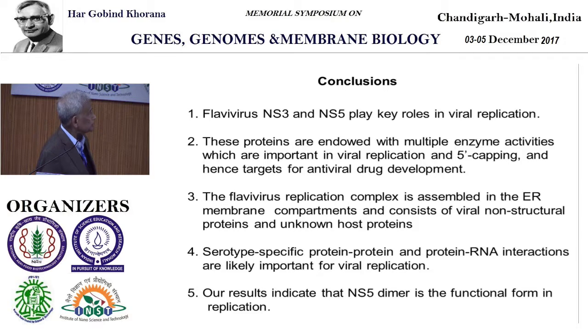The serotype-specific protein-protein and protein-RNA interactions are likely important for viral replication. Our results indicate that the NS5 dimer is the functional form in replication. So we have to do further work. We have submitted a grant application. We don't know what's the fate of that now. So I end my talk now. Thank you very much.